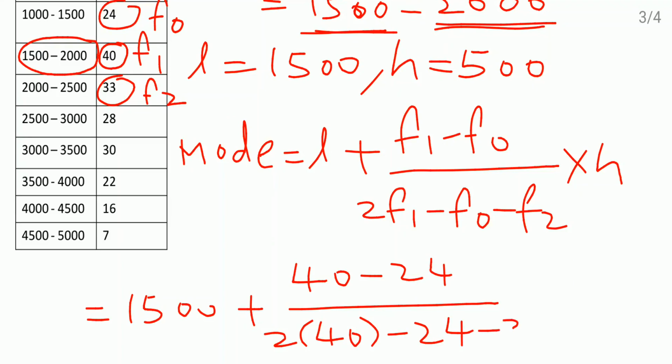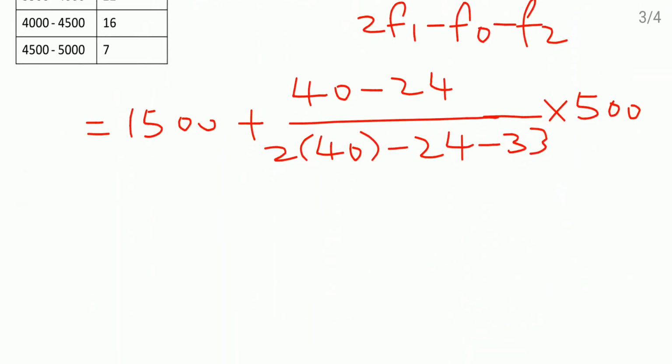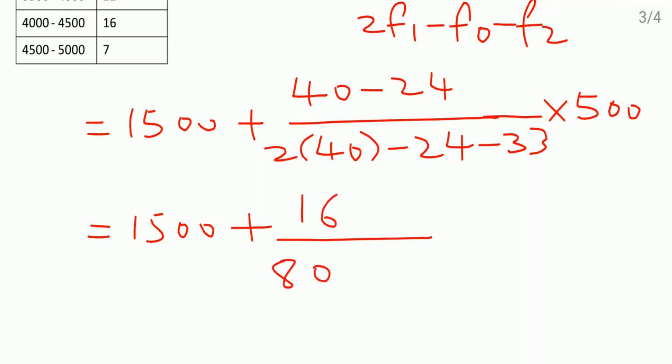F2 is 33, into H, which is 500. Now here 1500 as it is plus 40 minus 24, it comes as 16. This one is 80 minus 24 and minus 33.